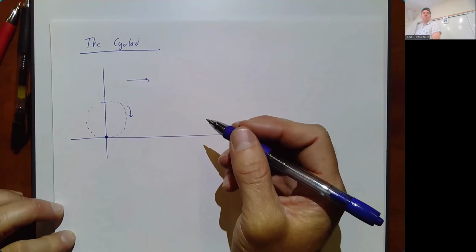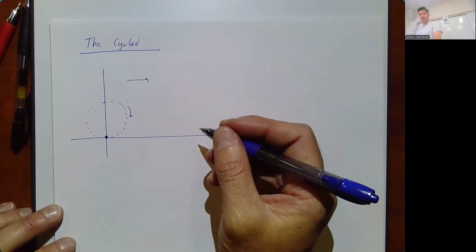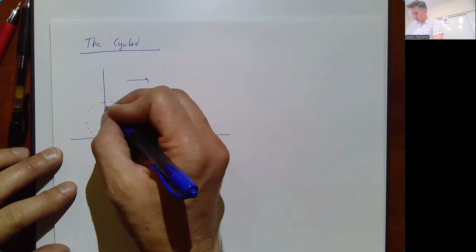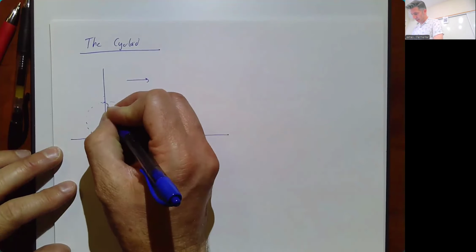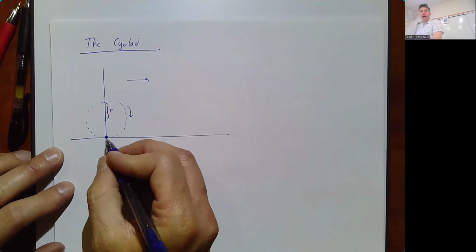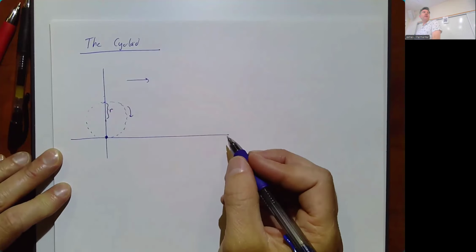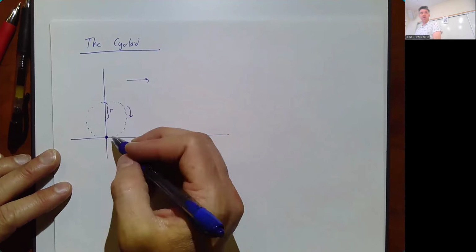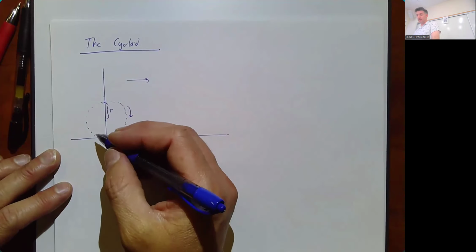When the wheel has rotated a full 180 degrees, whatever the radius is, it will have traveled a distance of pi times the radius, because the circumference of the wheel is 2 pi times the radius.